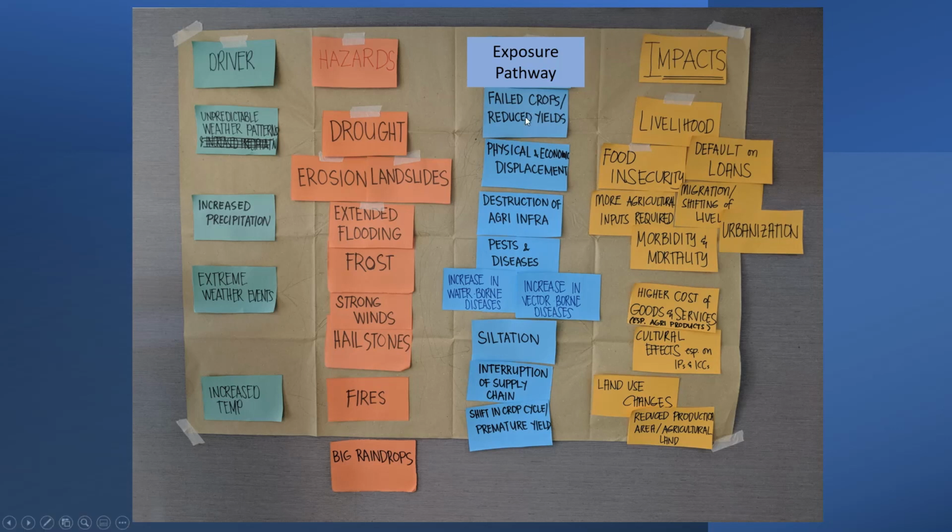And then the same thing with these things. If we've got failed crops and reduced yields, we would want to tie those things with records from the Department of Agriculture or the Ministry of Agriculture or wherever those records may be. We would tie those records to the occurrence of drought. So what we're showing here is we're telling a story, but with very good sources, with evidence that, yes, we indeed are experiencing higher temperatures.